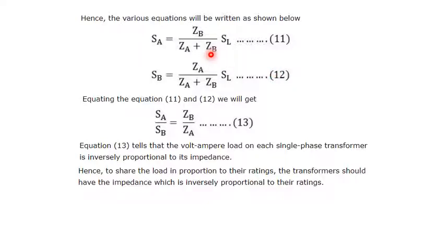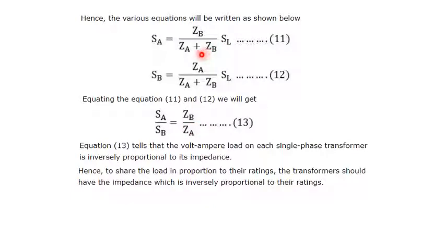Now, dividing equation number 11 by equation number 12, we get SA divided by SB is equal to ZB divided by ZA.